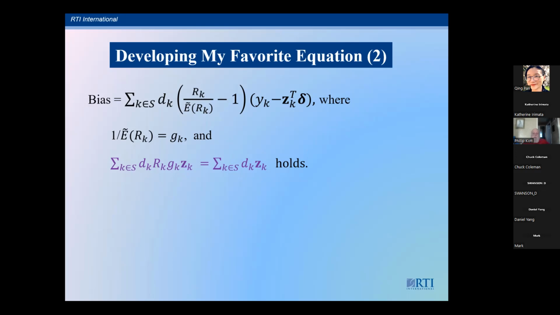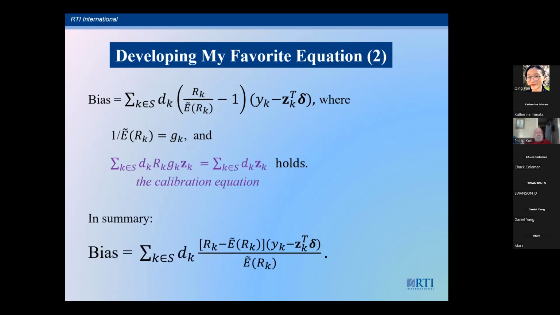That's called the calibration equation. So as long as the calibration equation holds, for any g that solves the calibration equation, this equation is an equation for the bias.